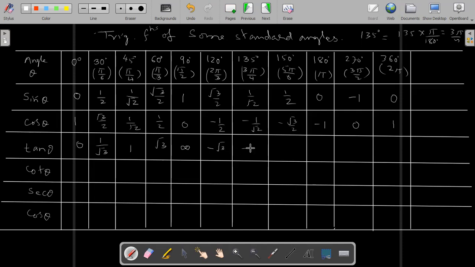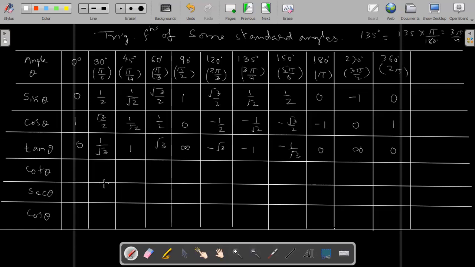Then both cancelled, but negative sign, minus 1. And 150 degree, minus root 3 by 2 divided by 3 by 2 gives minus 1 by root 3, correct. Then 0 upon anything, 0. And anything divided by 0 is infinity. 0 divided by any number is 0.